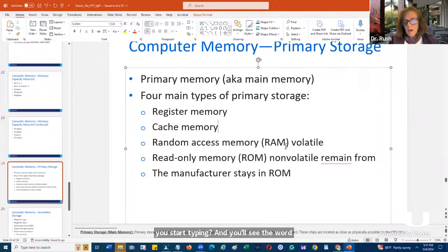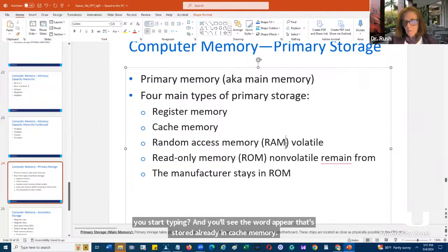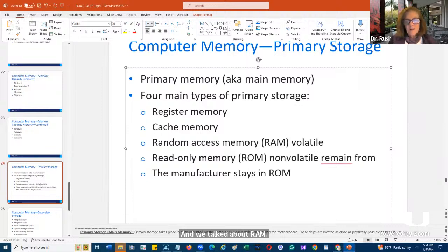And we talked about RAM, which we talked about as being volatile. Everything that I'm adding here in this slide is being stored in RAM. That's where all my processing is. If I'm using PowerPoint, PowerPoint is now loaded into RAM. It's loaded into random access memory.